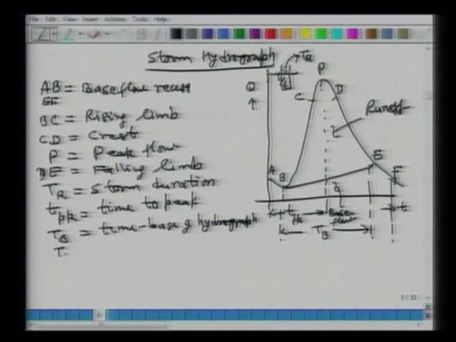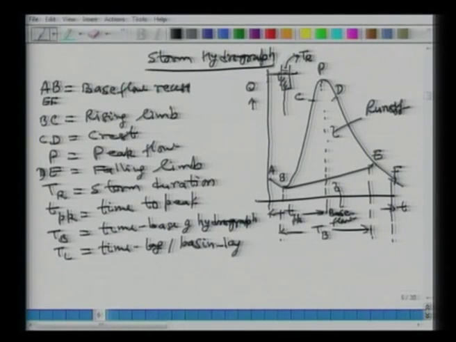Let me write it first. It's called the time lag or basin lag. This time lag is nothing but the time between the centroid of the effective rainfall hyetograph and the point of inflection on the hydrograph.